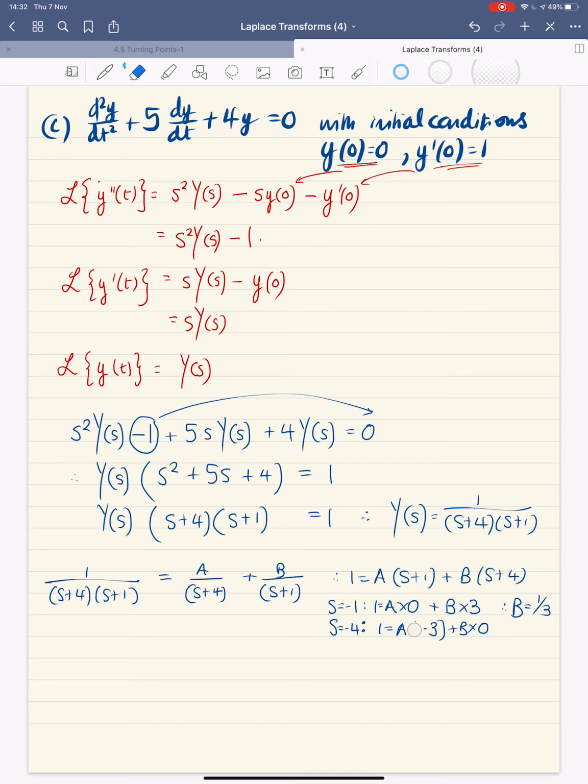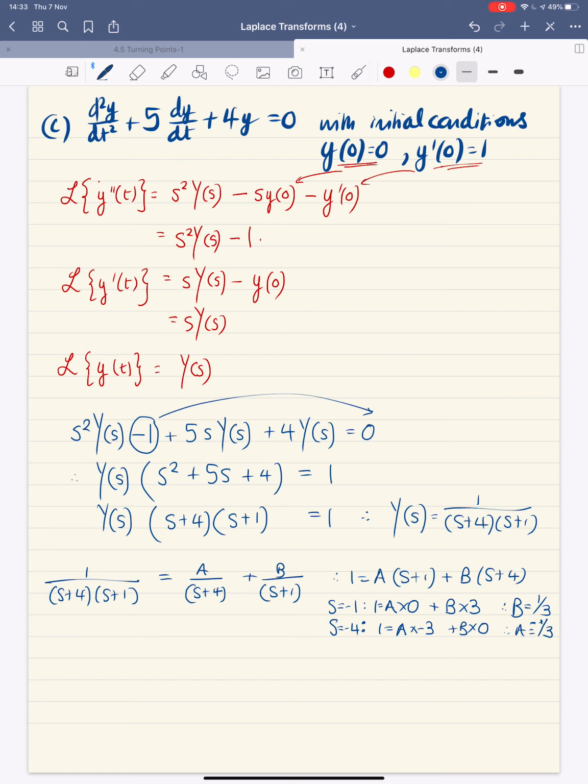So therefore a is minus 1/3. So y of s is now a over s plus 4, so it's minus 1/3 over s plus 4, plus b, which is 1/3 over s plus 1.